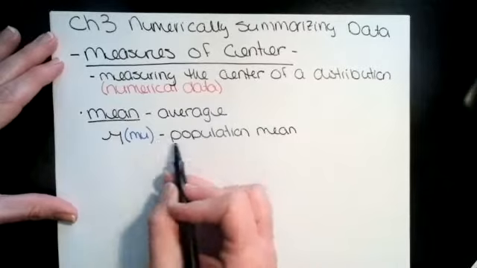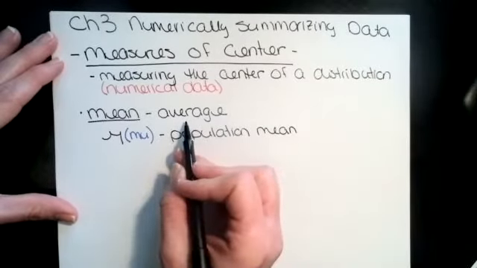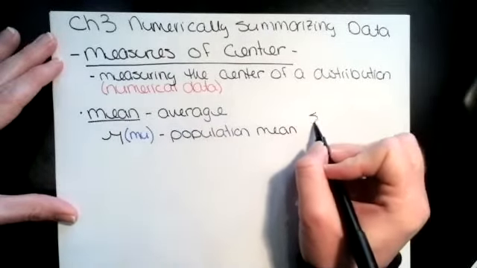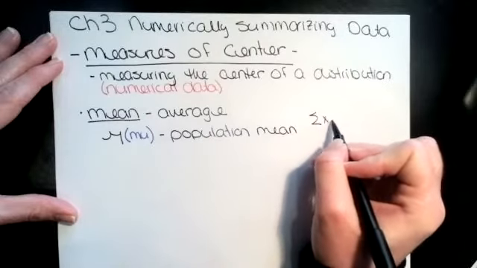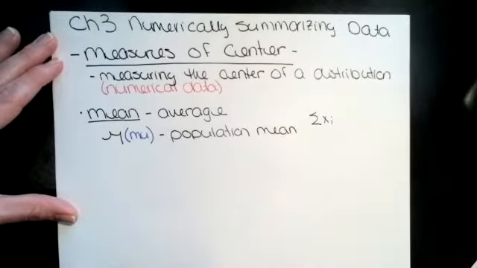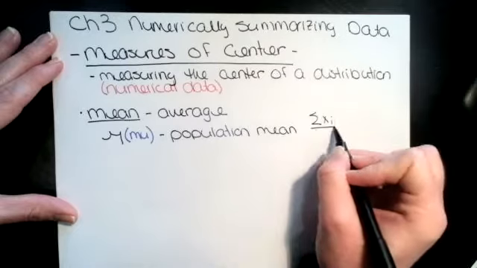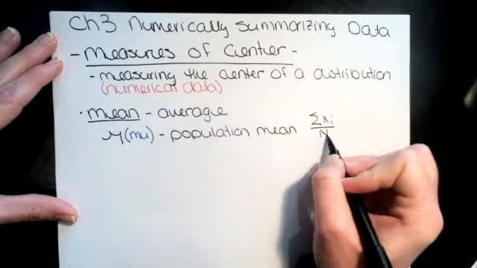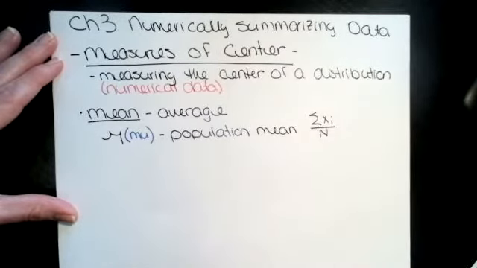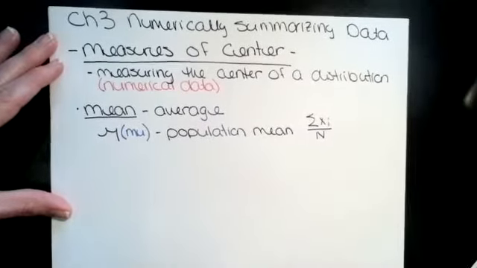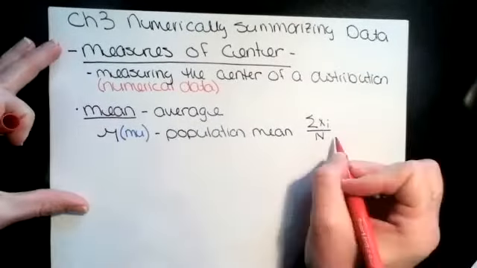How we calculate mu is how you calculate any average: you add up all of your data values. So I'm going to sum up all of my X values and divide by the total number of values that I have, N. N is the number of data values.